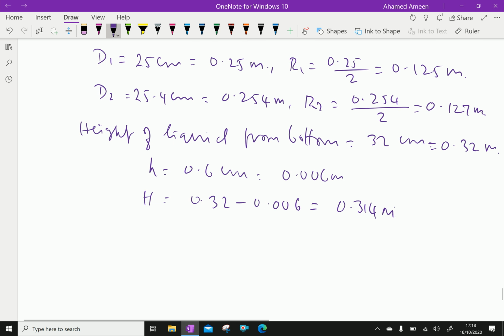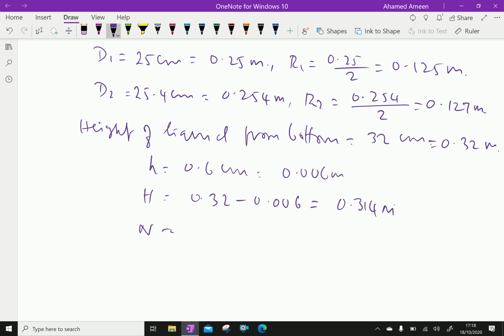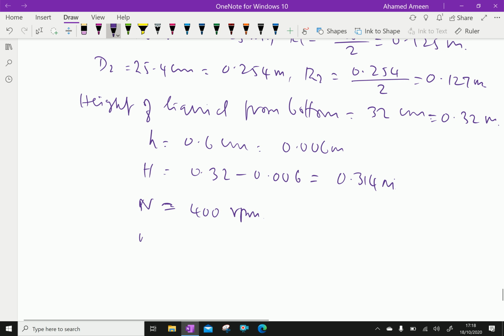Now the speed of the cylinder n equals 400 rpm, revolutions per minute. Then omega equals 2 pi into 400 by 60, which gives 41.88 radian per second.